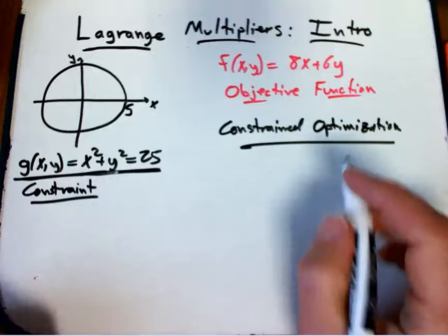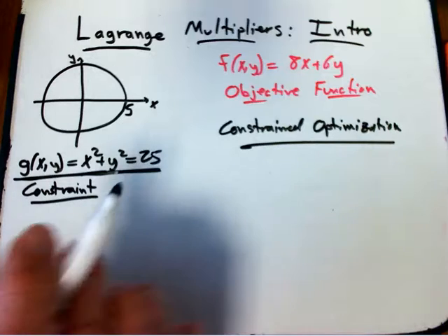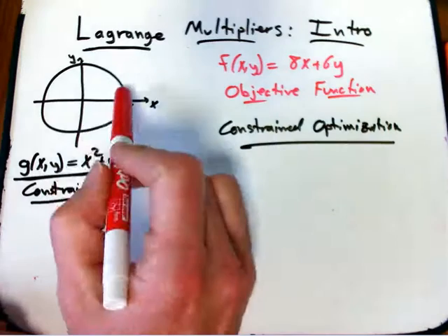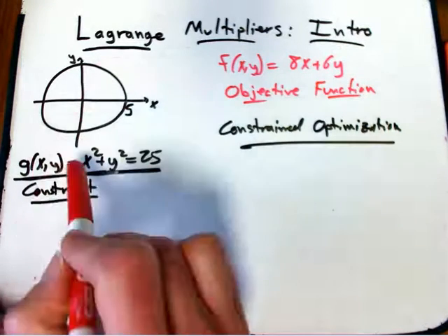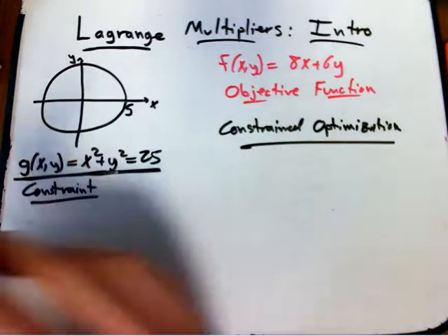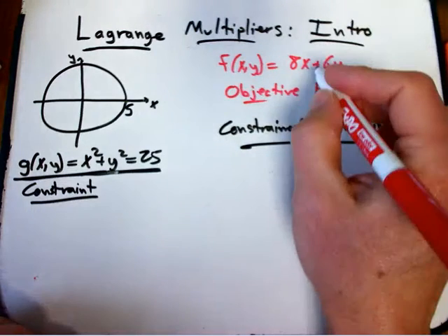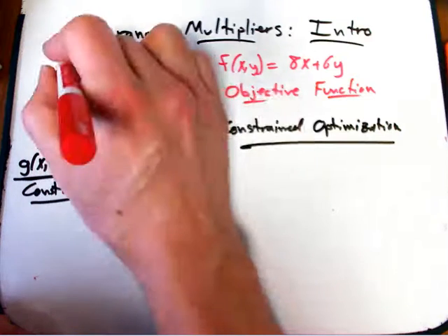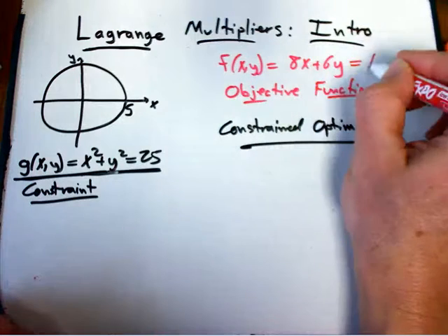Okay, so here's the observation. If our constraint set is the level set of g, let's use our ability to describe f in terms of level sets and see what happens, because that'll sort of bring them onto a parallel footing. So I'm going to draw the level sets of f. Those are just going to be 8x plus 6y equals some constant.